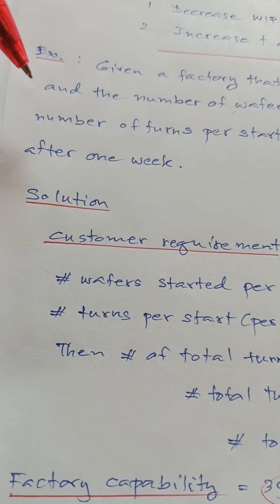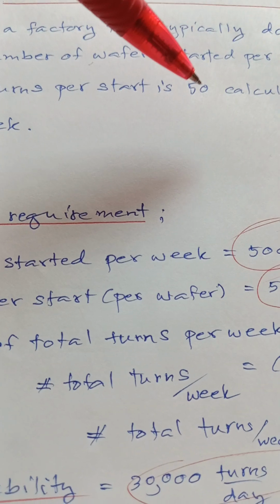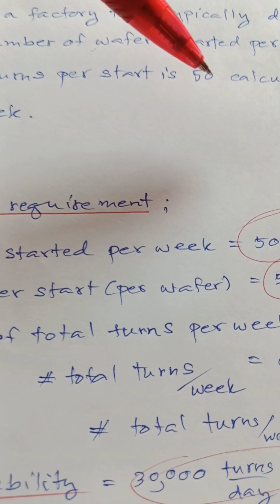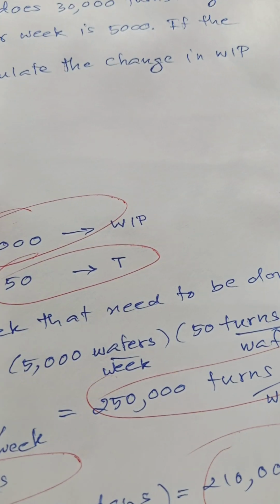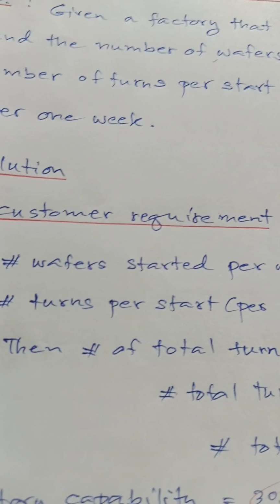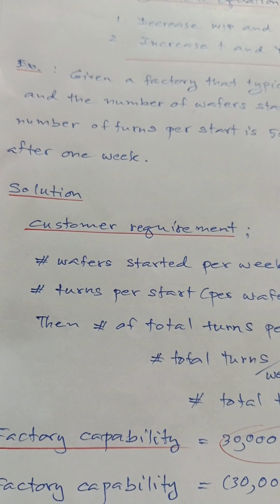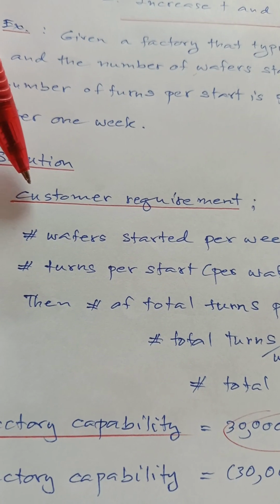If the number of turns per start is 50, that means you need to complete 50 steps to have a chip on your wafer. Calculate the change in WIP after a week. Okay. Let's work out the problem.